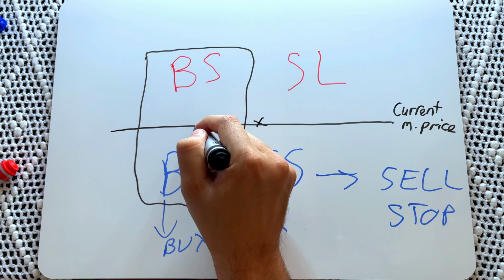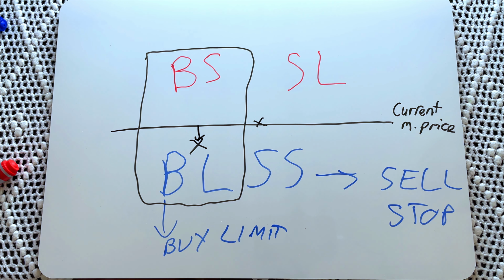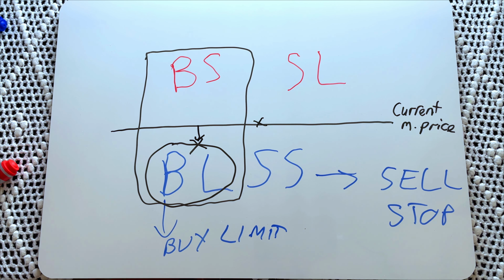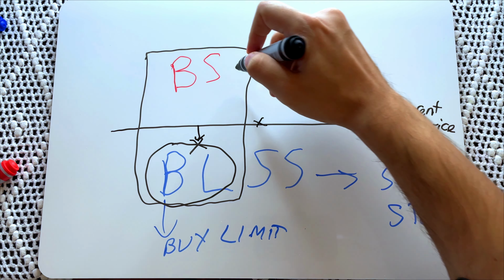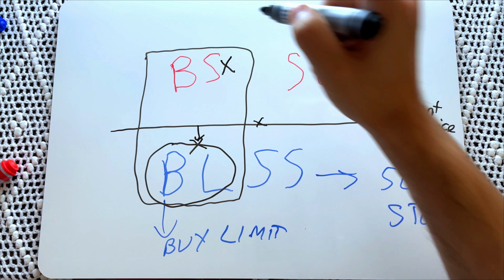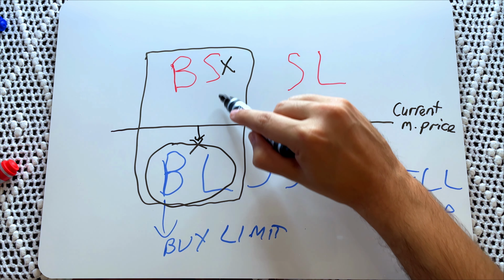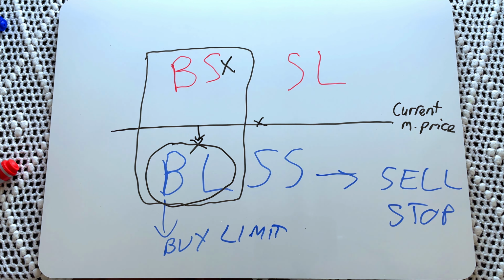So now I know that the order that I'm going to use is a buy limit, because that's the one that's below the current market price. Similarly, if I want to buy something which is above here, so currently I'm at this market price, but I only want to buy when it gets to here, I'm going to use a buy stop.